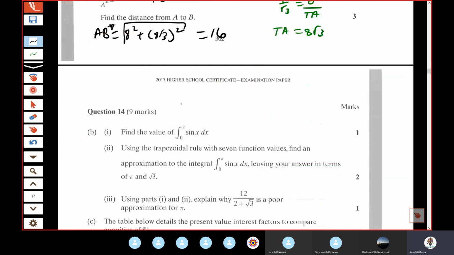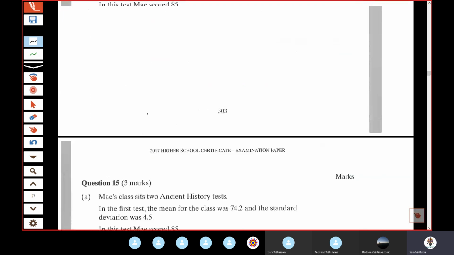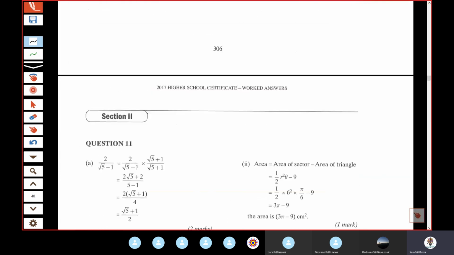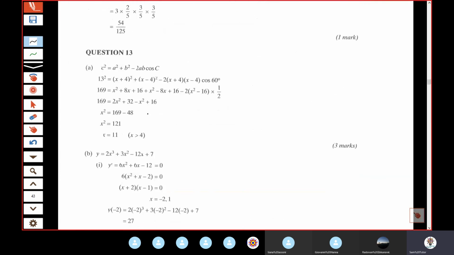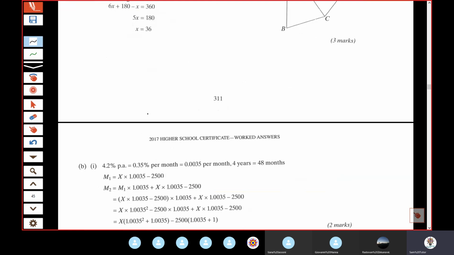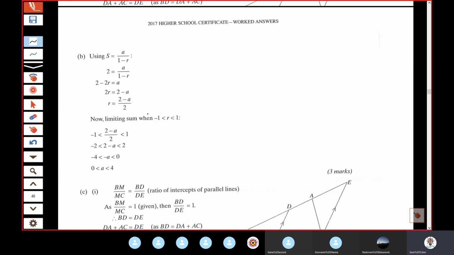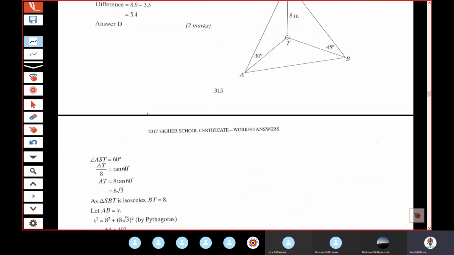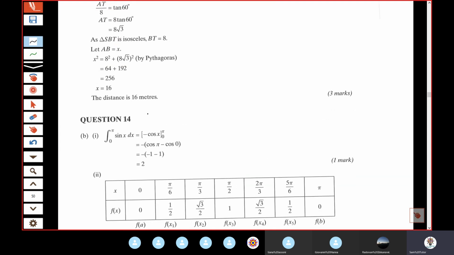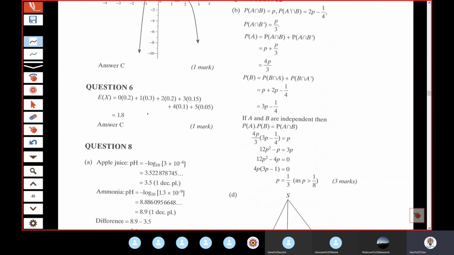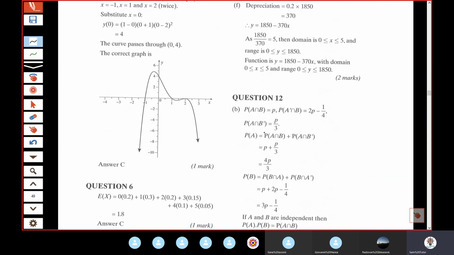Question 12b. To me, independent would be the intersection should be 0. If that's the case, then there's a mistake. No, they haven't made a mistake. Just do it. All right, let's go.